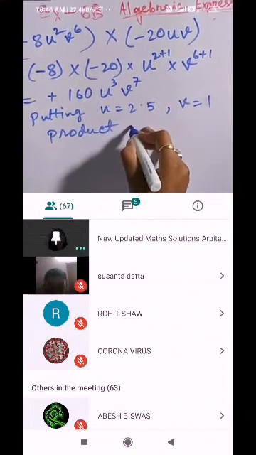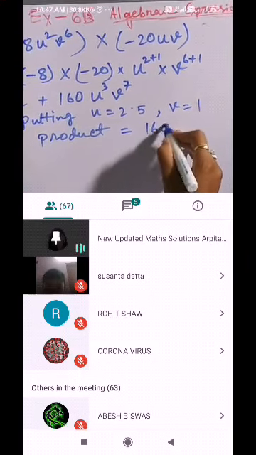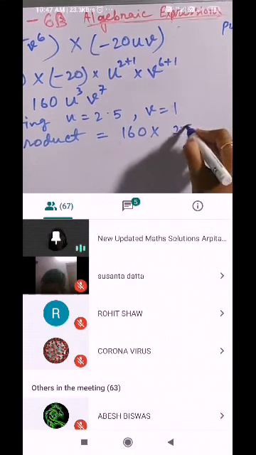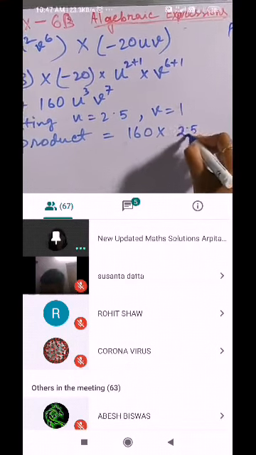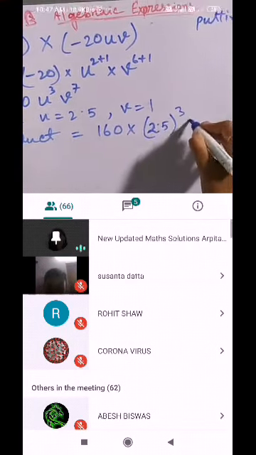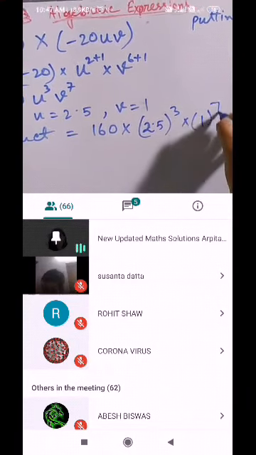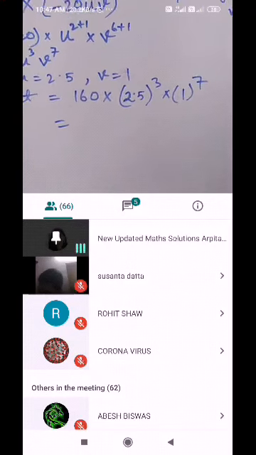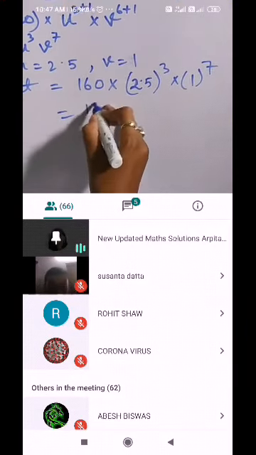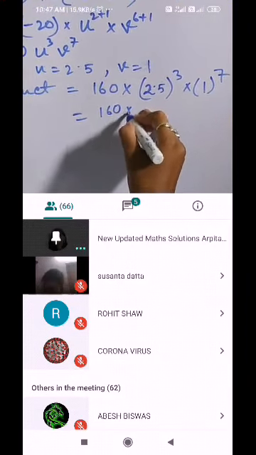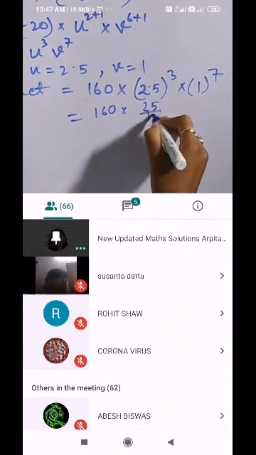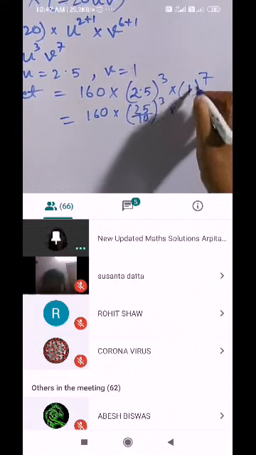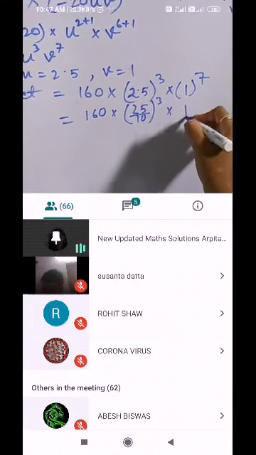Product equal to 160 into u cube, that means 2.5 whole cube into 1 to the power 7. This 2.5 we will make into fractional form. And 1 raised to the power 7 means 1.